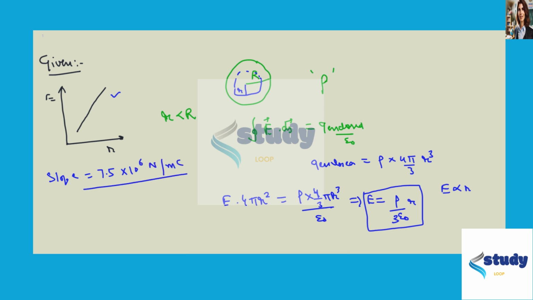If you want to find out the slope directly from this graph, you take some point here and some point here. The slope is equal to delta y over delta x. So let's take this as the E2 point having the R2 point, and this is E1 and R1.